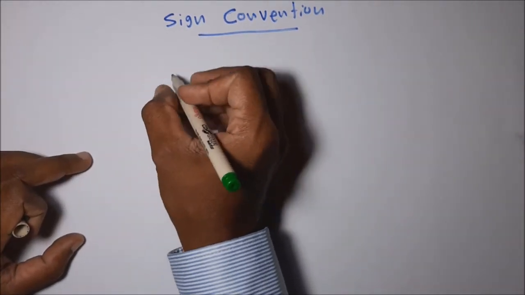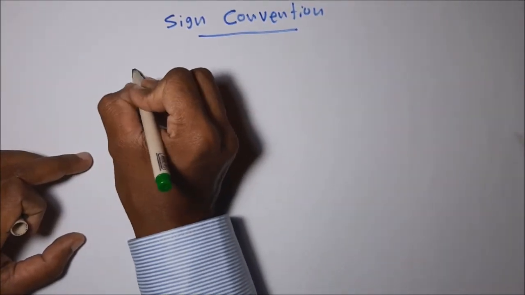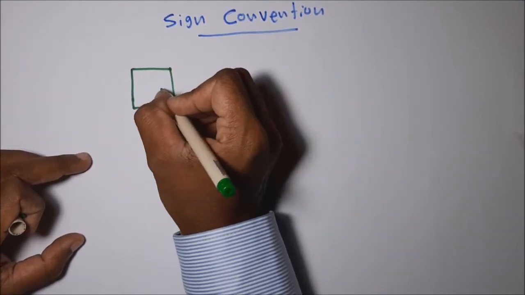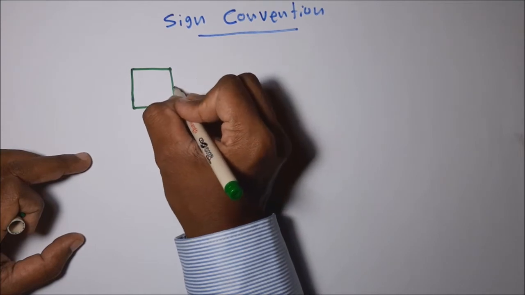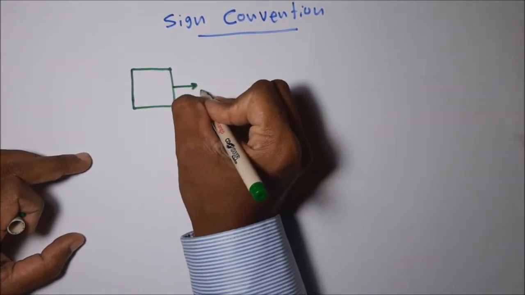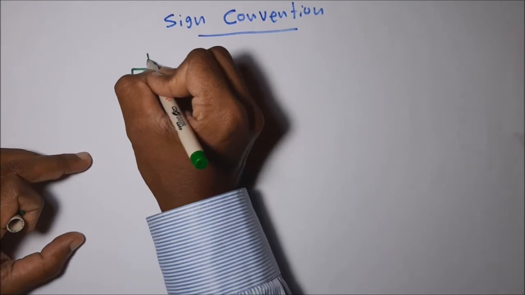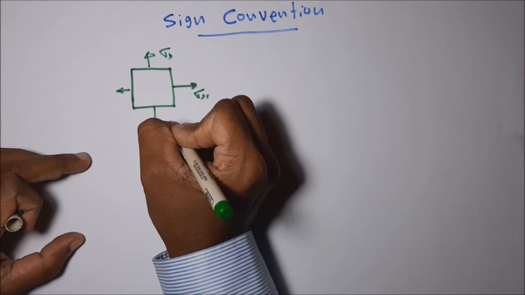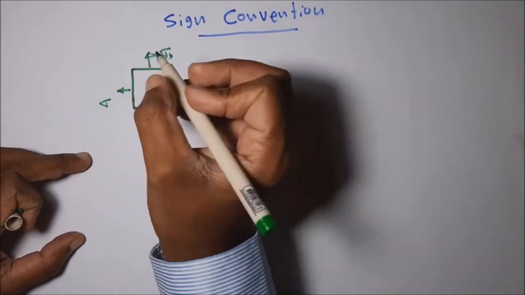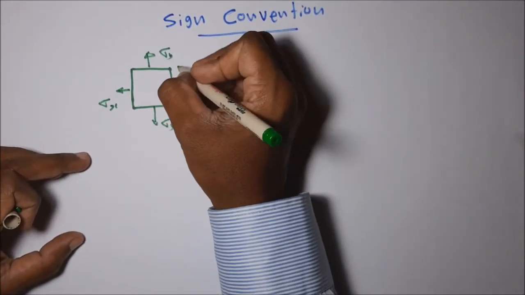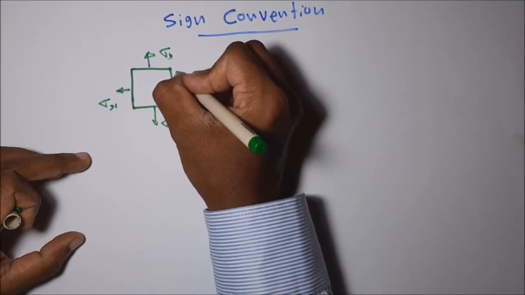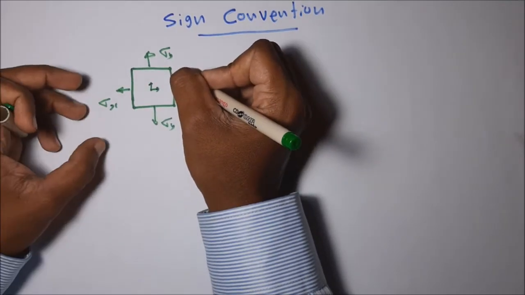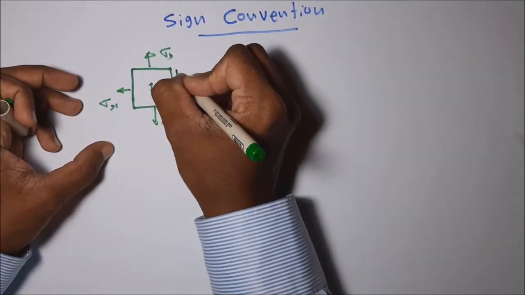Let's take the plane stress problem. When marking the stresses on a two-dimensional stress element, what is the sign convention? If a stress is acting outward from the considered plane, we take it as positive. When marking shearing stresses, if shearing stress acts on a positive plane and is directed in the positive coordinate direction, we take it as positive.